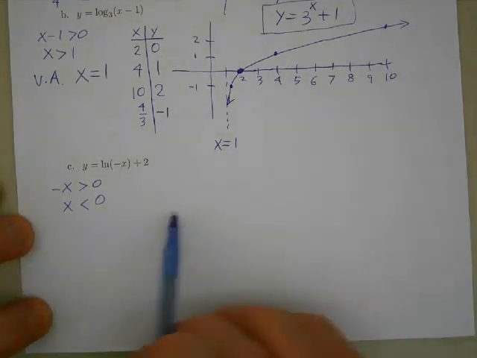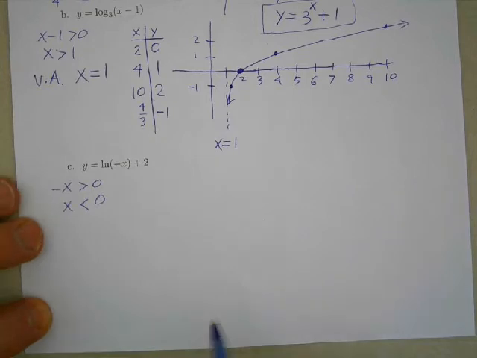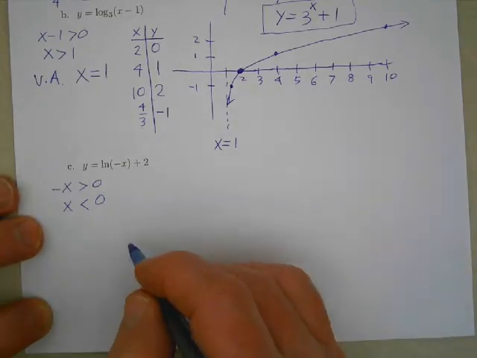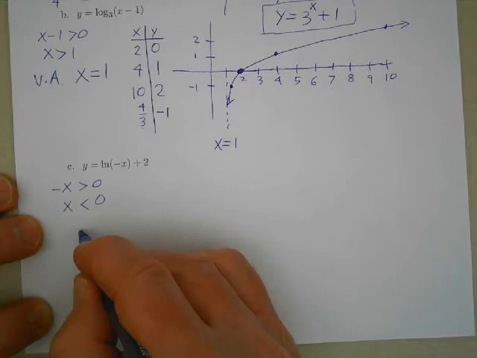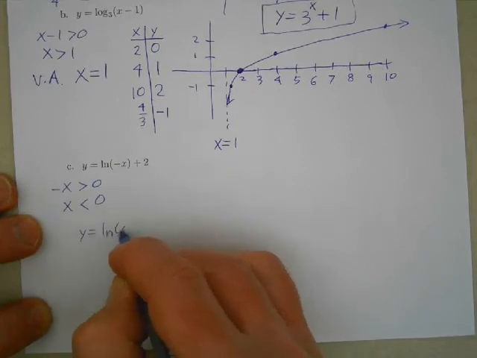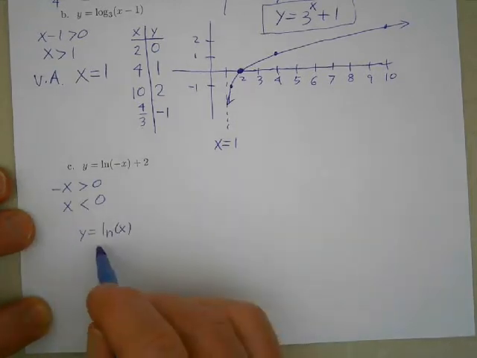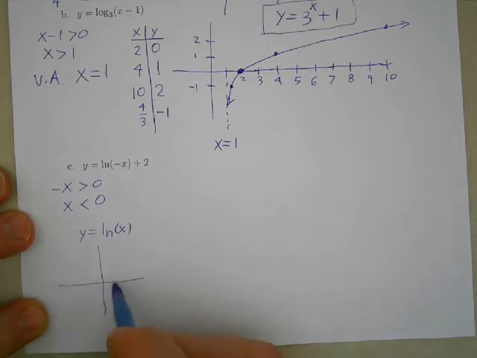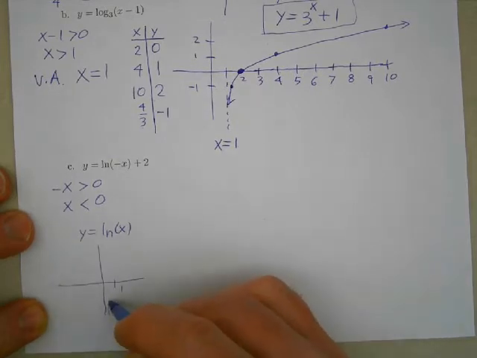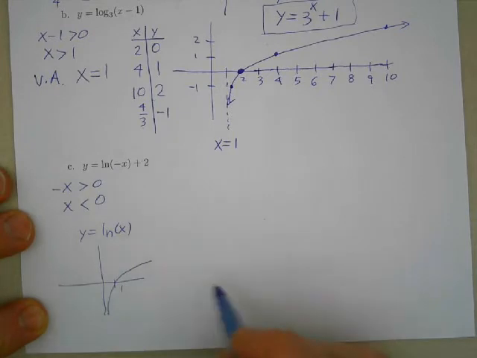So on this one, it might be useful to begin with y equals the natural log of x. So y equals the natural log of x looks like this, roughly.